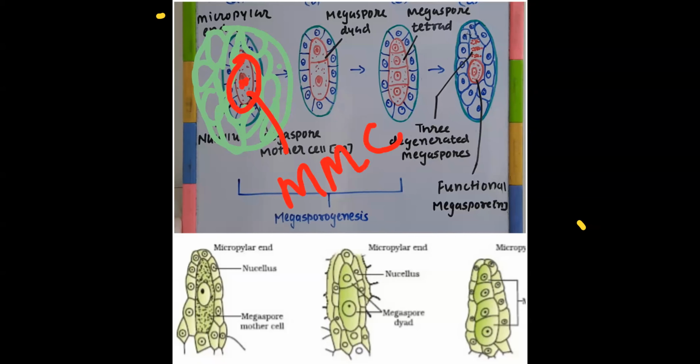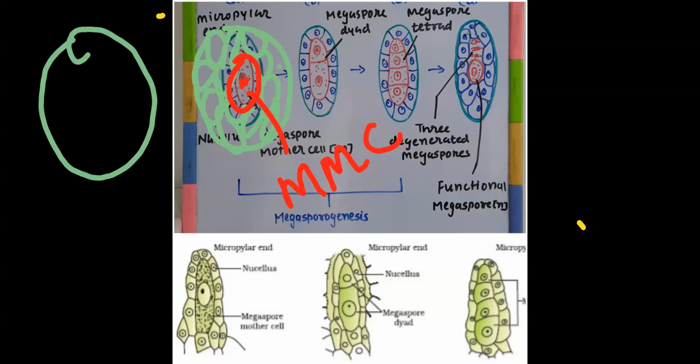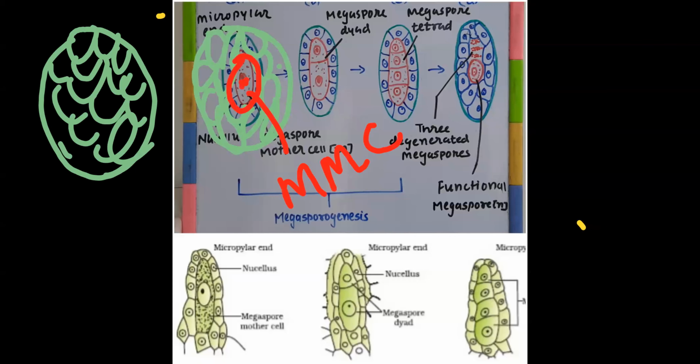Now, is there anyone who is not clear with this? Please let me know. Before this is the nucellus status. See, this is the nucellus in an immature stage.